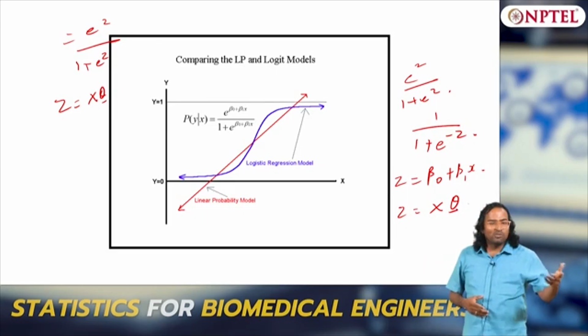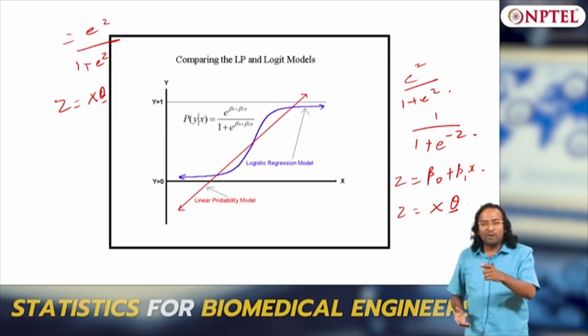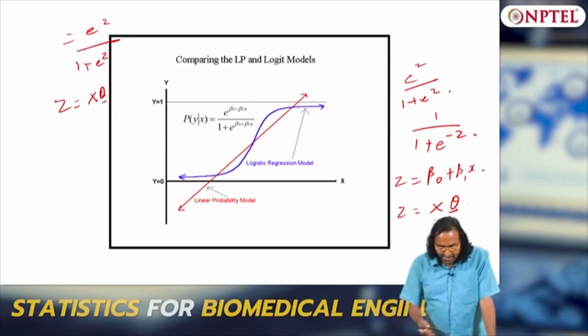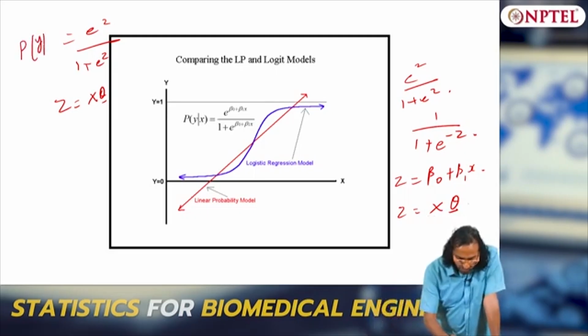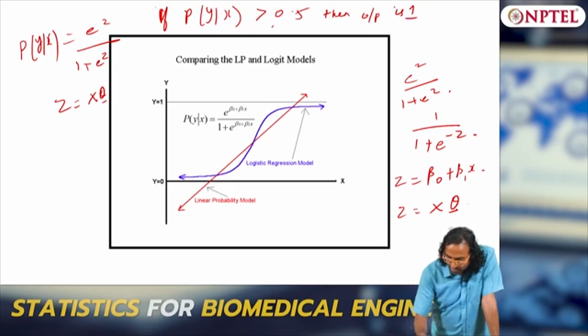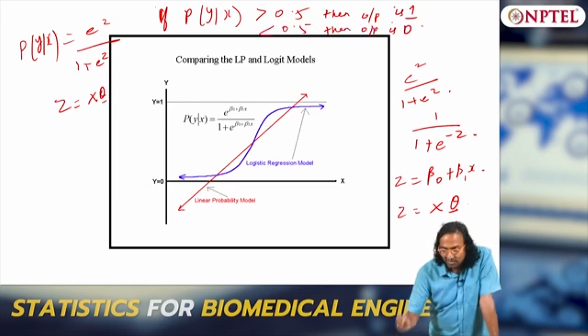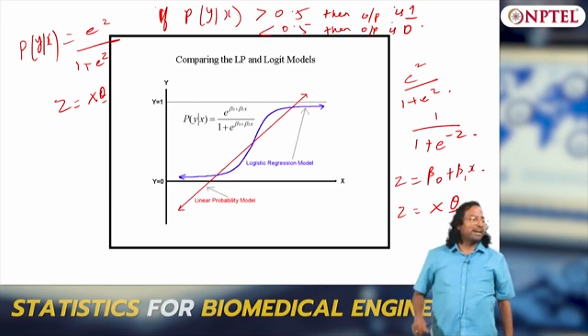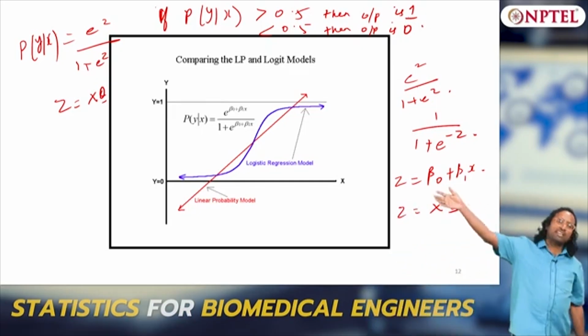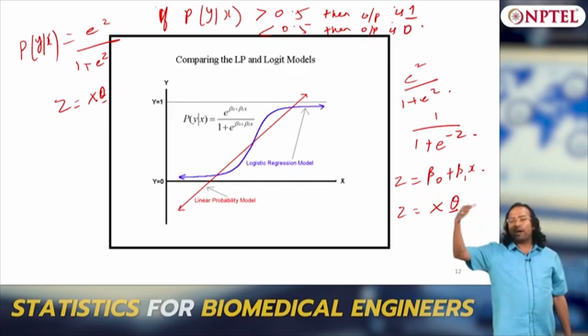How do I make a continuous function discrete? Put thresholds. So remember proportions. This equation is not directly y, but the probability of y given x, and if the probability of y given x is greater than 0.5, then the output is 1. If it is less than 0.5, then the output is 0. Now I can make it a binary class. I can make it tertiary also if you want, with 0.25, 0.5, 0.75.